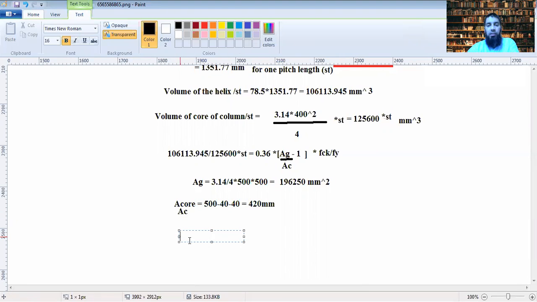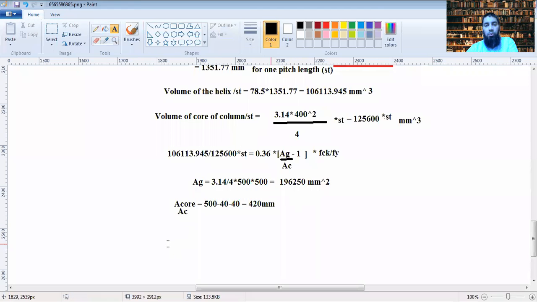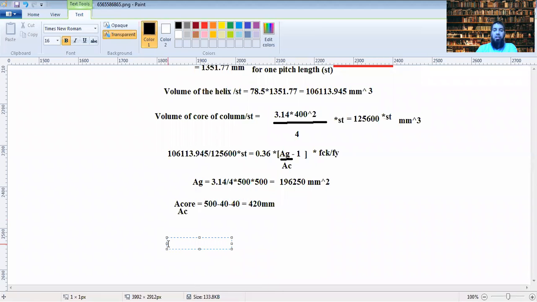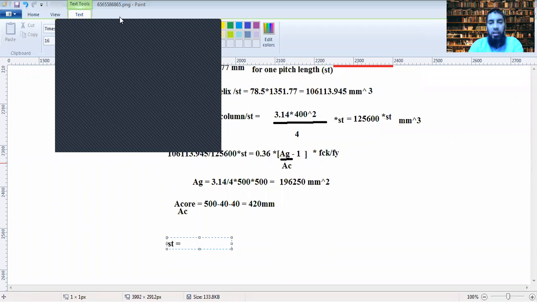So now you know fck is 30, fy is 500. So you will get the value of St from here. So let's calculate the value of St from here. Now Ag by Ac would be 196250 divided by 420. That's 467.1.